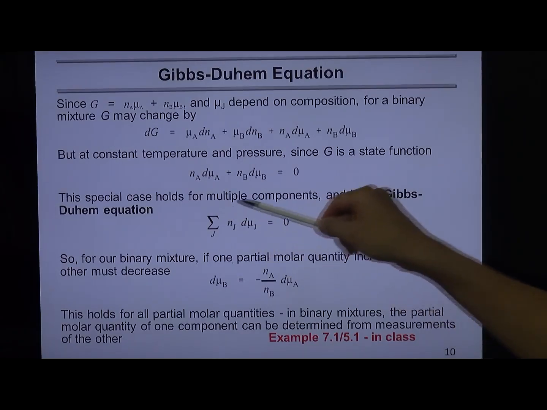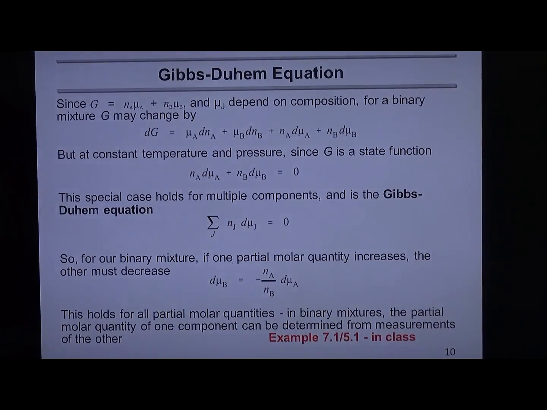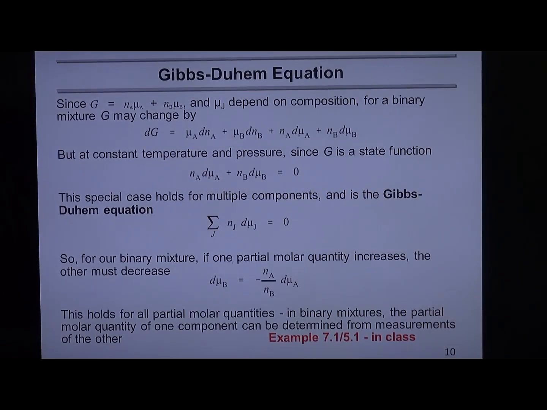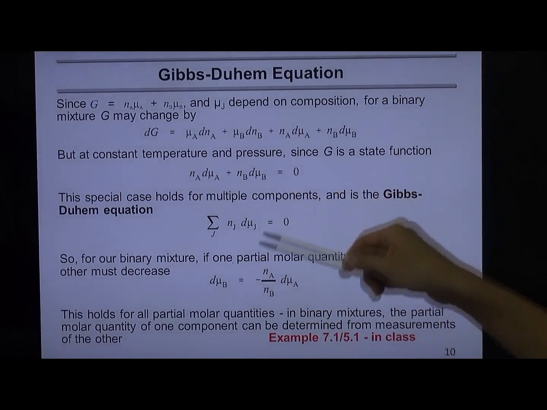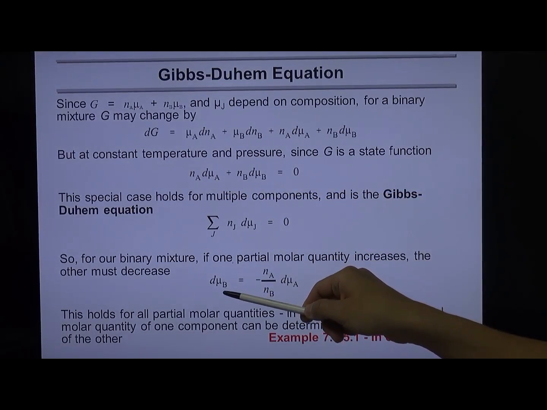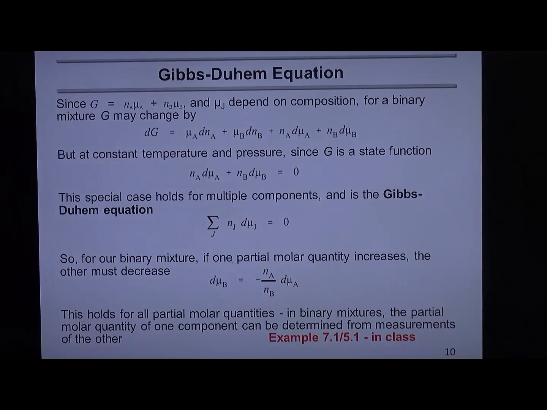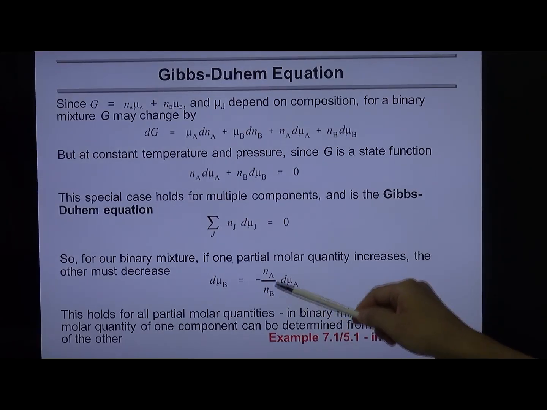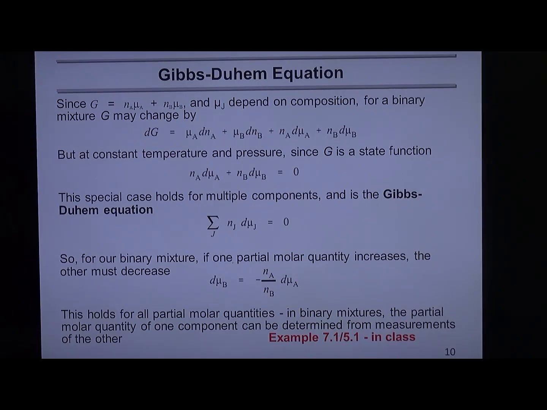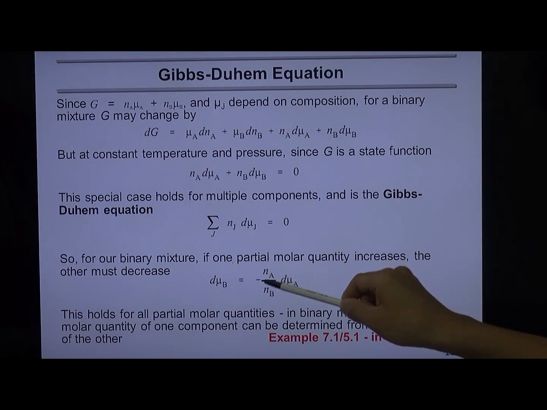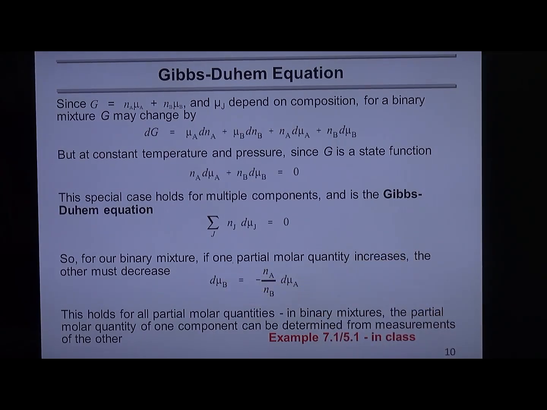This equation is called the Gibbs-Duhem equation. What the Gibbs-Duhem equation tells us is that, for example, for a binary mixture, if you express this equation as d mu B is equal to minus NA over NB d mu A, it shows basically the relation between mu A and mu B. If mu A increases, since there is a minus sign here, d mu B, basically mu B, decreases automatically.